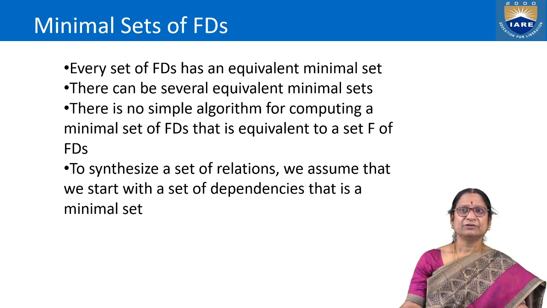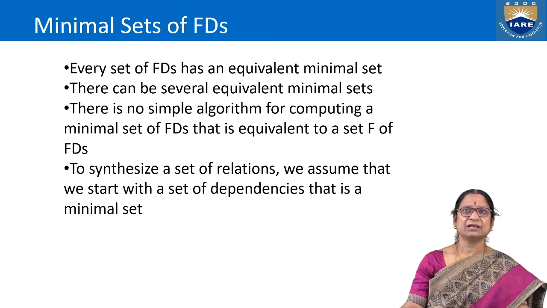But to synthesize the relations, we assume that the set of FDs is a minimal set. Initially, we will assume it is a minimal set only, and based upon the decompositions and normalizing the relations, we will get a minimal set of attributes further.